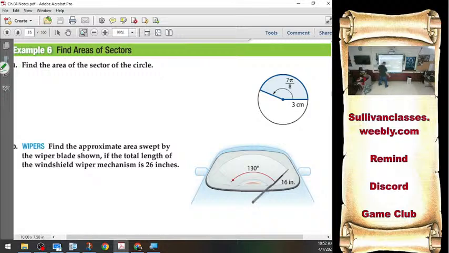Okay. So over here, find the area of the sector of the circle. If it's already in radians, I'm going to use that formula. Area of the sector is 1/2 times radians times radius squared.